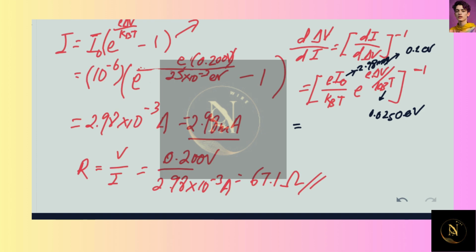So we should get overall about 8.39 ohms. Just take note of the units, especially for the terms outside the exponential term, because this is 2.9 milliamps, we will convert it into amps. Multiplied by this e divided by 0.025 eV.